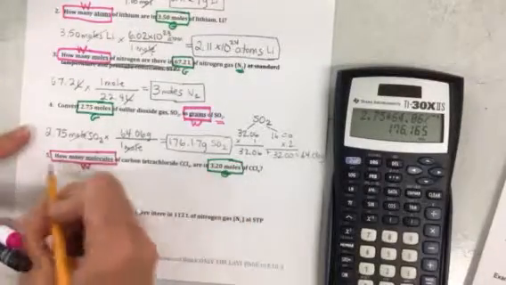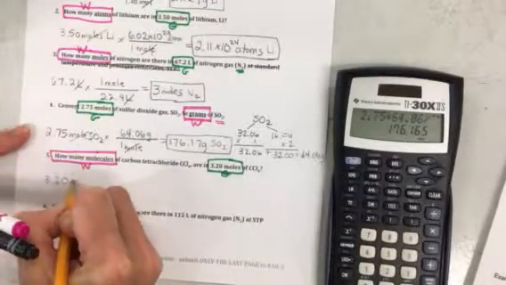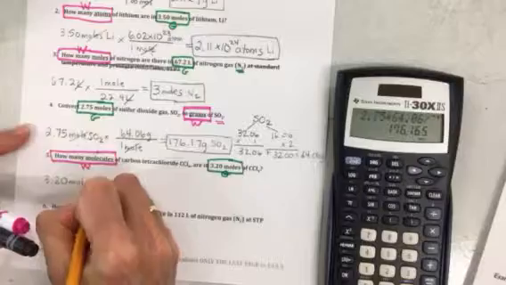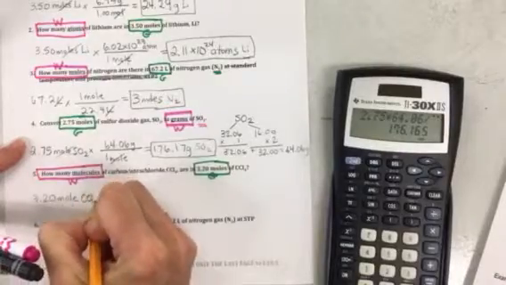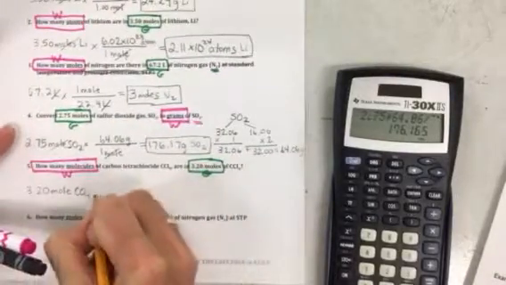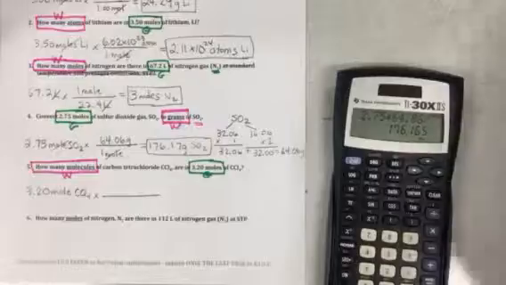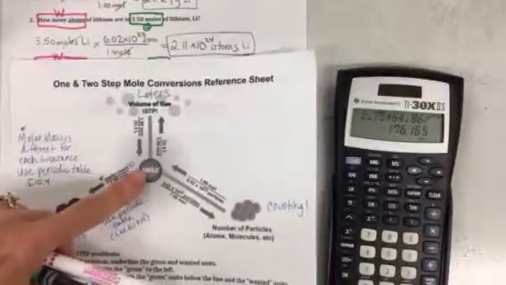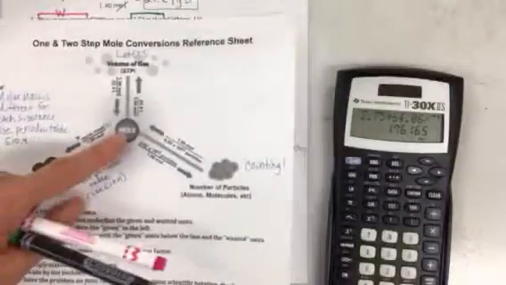So I'm going to write the given over here, 3.20 moles CCl4, and then I always have a fraction. So I'm starting in moles, and I'm trying to get to molecules.